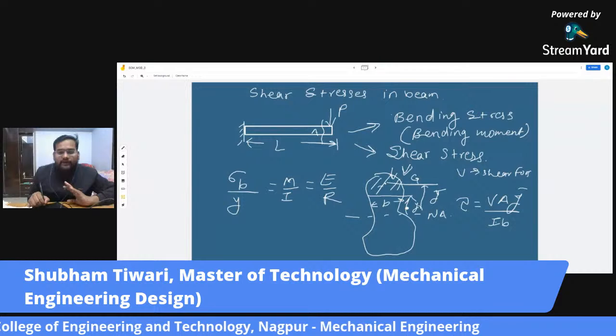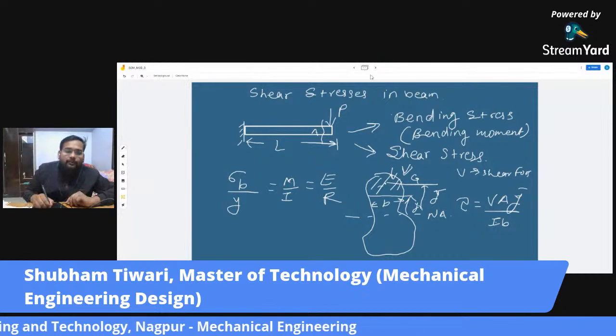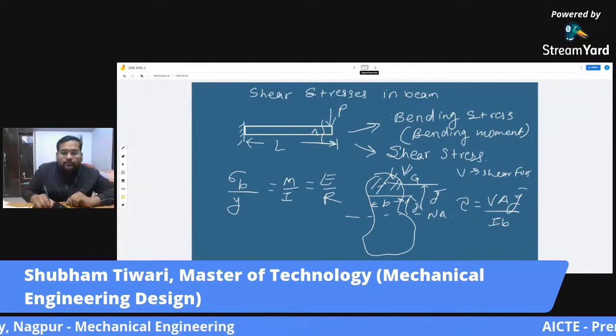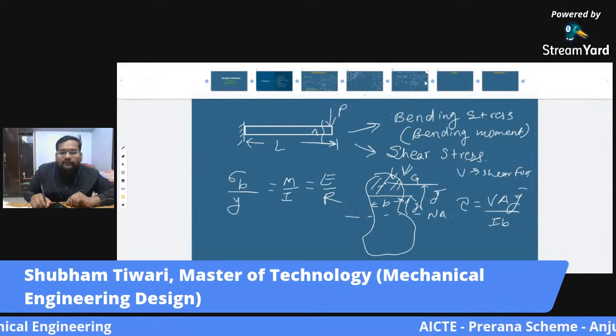So this is how you can find the shear stresses in the beam. Now let us look at some standard cross sections that we come across.